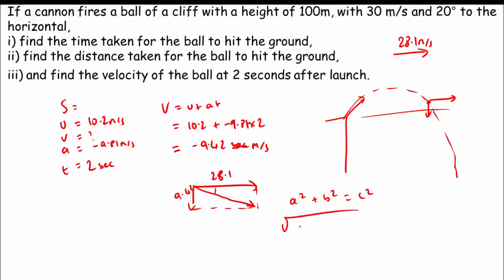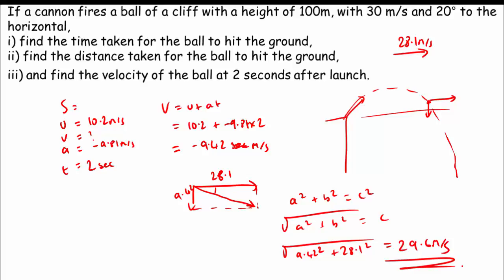So I'm just going to do the root of a squared plus b squared to find c, which is the hypotenuse in this case. So that will be the root of 9.42 squared plus 28.1 squared, and having calculated this just a second ago, 29.6 meters per second. That is the magnitude of the velocity.